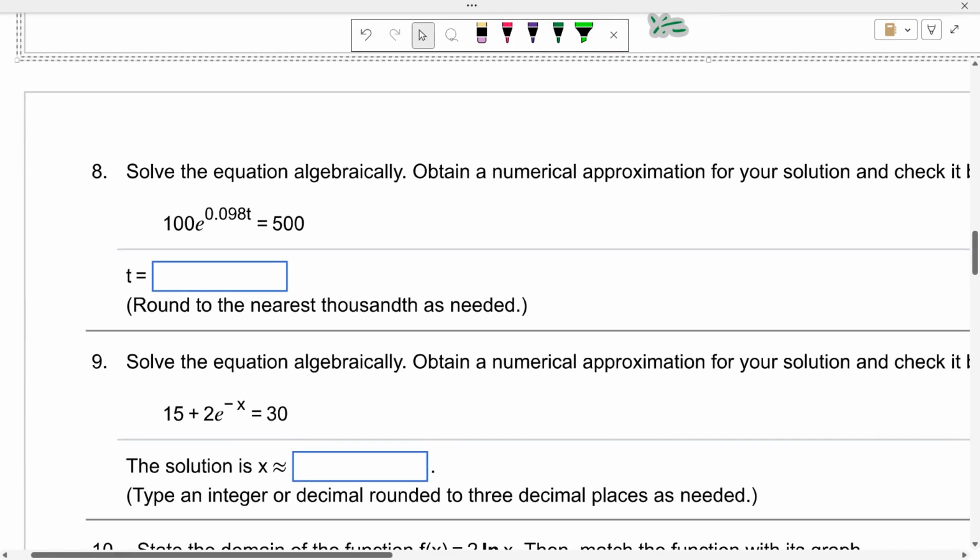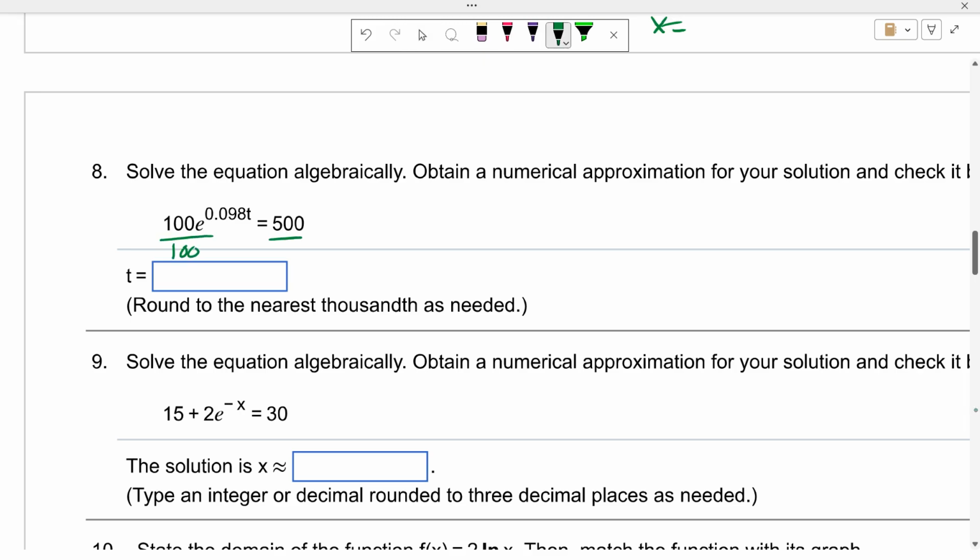Okay. For this one, before we do the log or anything like that to both sides, what should we do first? Divide by 100. Let's simplify first. So e to the 0.098t equals 5. Now, because there's an e, we're not going to log both sides.